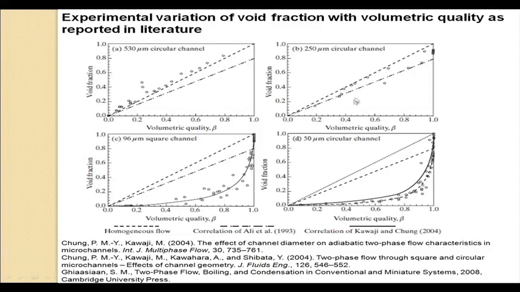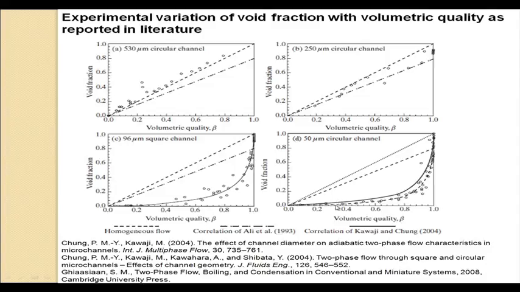Here also it is equal to beta, but the deviations, particularly at low beta, begin to increase. But if we further reduce the channel dimension, we find that the variation changes completely. In this case, alpha is in no way equal to beta, and the curve suggests a very strong influence of slip, which needs further discussion.